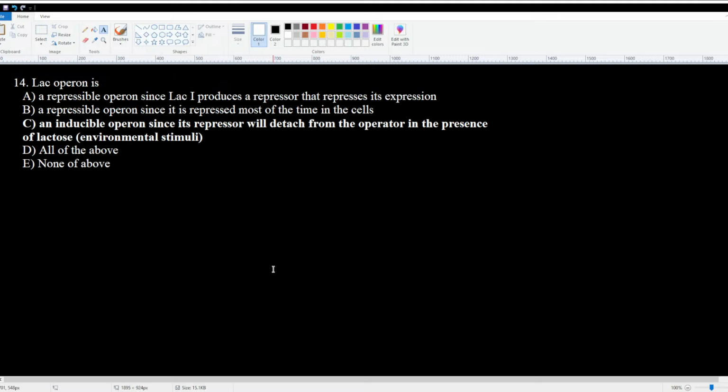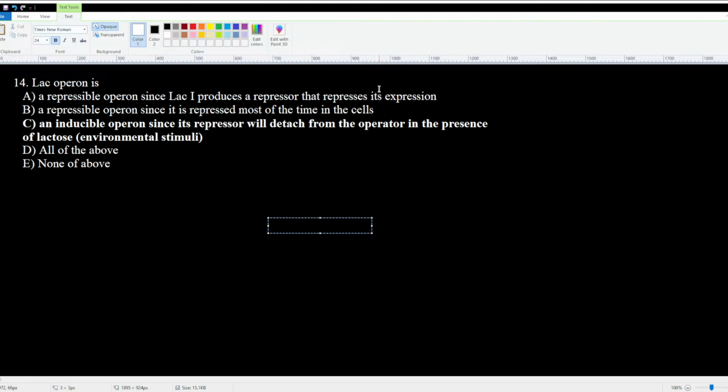Okay, so for this question, we need to know the difference between repressible and inducible. So let's go over that. Inducible versus repressible.